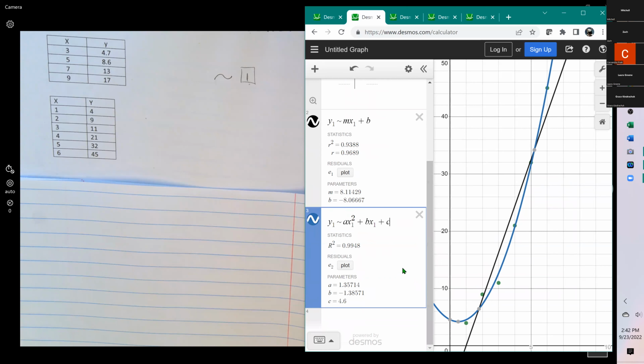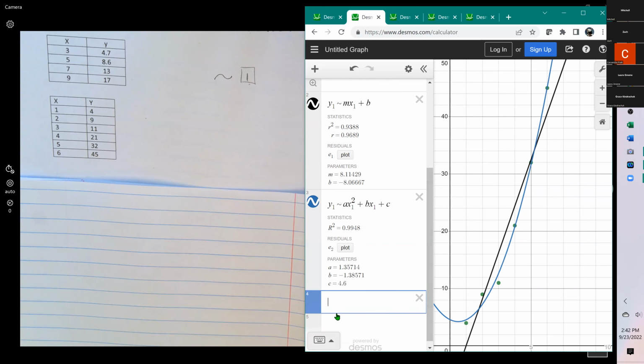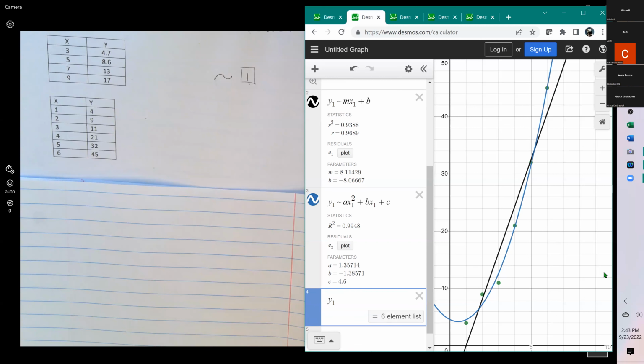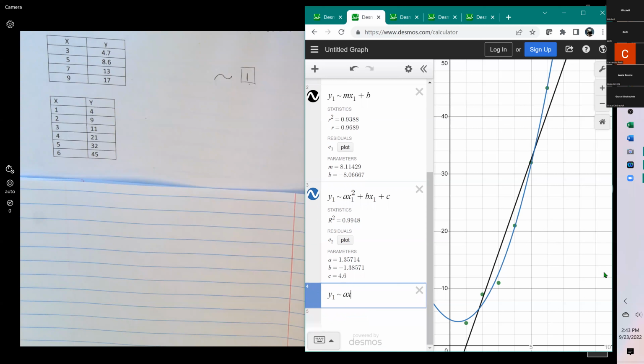So you should be getting for the quadratic 0.9948. And then the power function. y1, a x1.